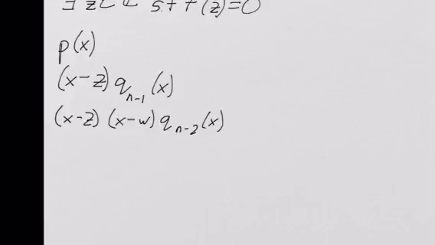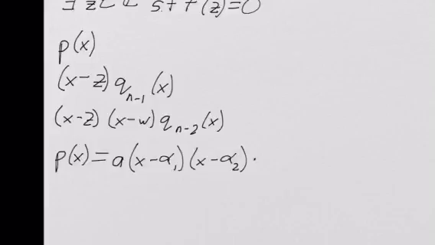So we can say p of x is equal to, and I'm going to switch to calling all of these zeros alpha, some constant, which we'll just call a, and then x minus alpha 1 times x minus alpha 2, and so on, all the way up to x minus alpha n.